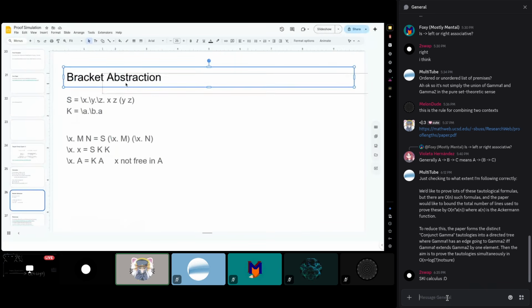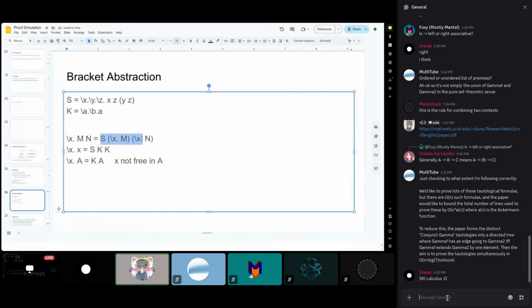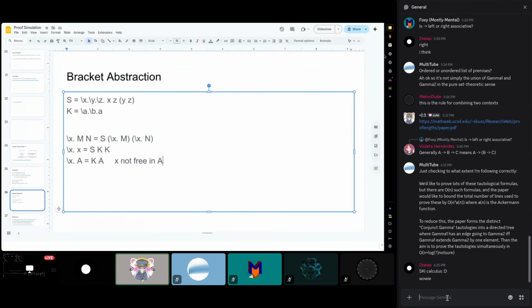So with this bracket abstraction algorithm, the goal is to turn a simply typed lambda calculus term into just S and K, right? But this well-known algorithm is terribly slow at big O of n squared. And it turns out you can use an idea similar to what's in the paper to make an algorithm that's just straight up big O of n.